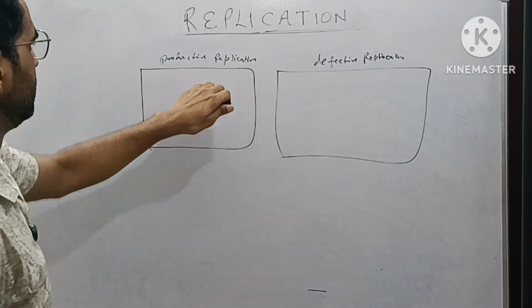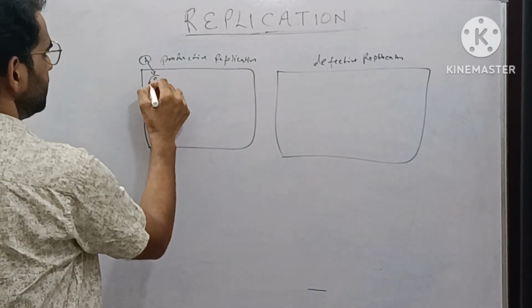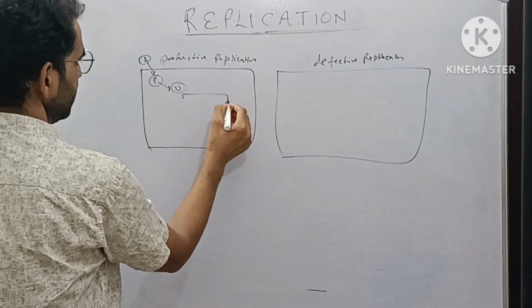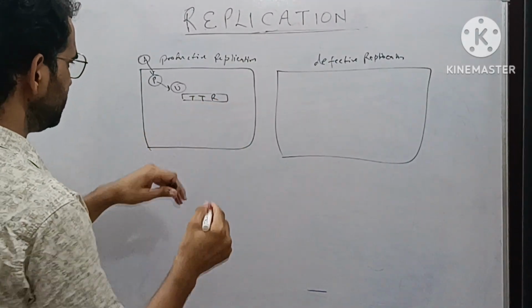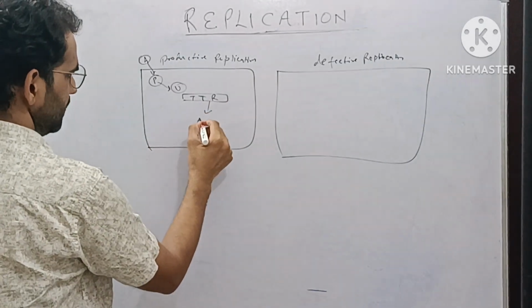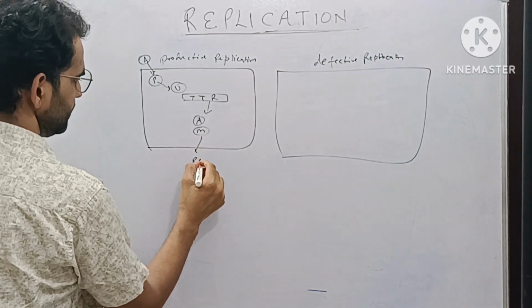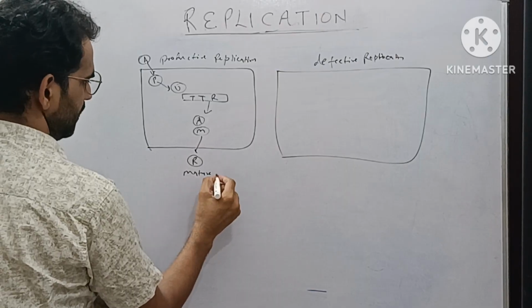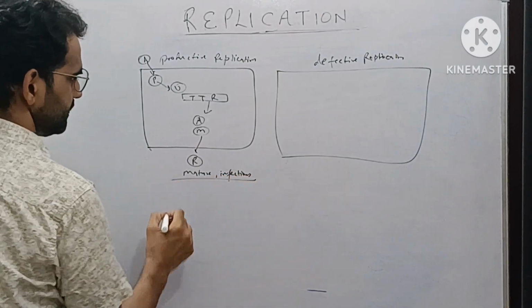What was productive replication? Attachment, then penetration, then uncoating, then transcription, translation, replication, all steps, again assembly, maturation, and release of the virus. This was the mature or infectious virus.